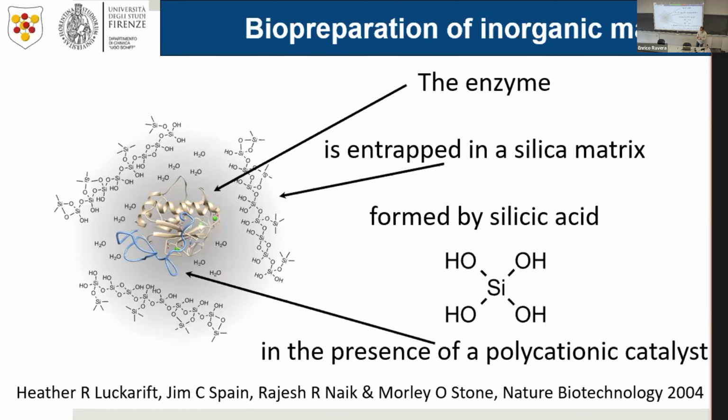And in particular, we have worked for quite a while, as Bob was recalling, on enzymes embedded in nascent inorganic matrices. So the inorganic matrix is templated by the presence itself of the protein.